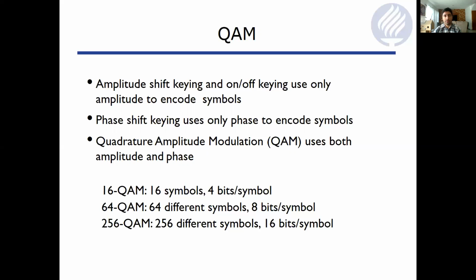Whereas for amplitude shifting, we only change the power of the signals, and for phase shifting, we only shift the phase, for QAM, we basically change both. We have different modulations in QAM: 16 QAM, 64 QAM, 256 QAM. 16 QAM represents 16 symbols, 4 bits per symbol.